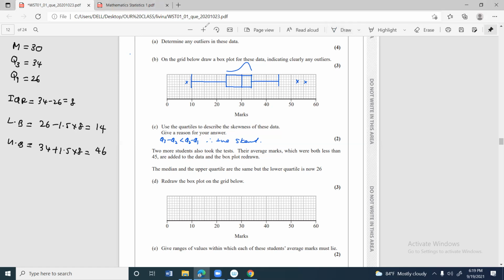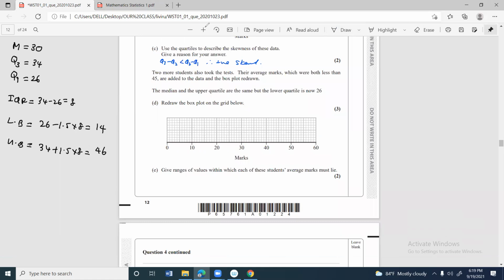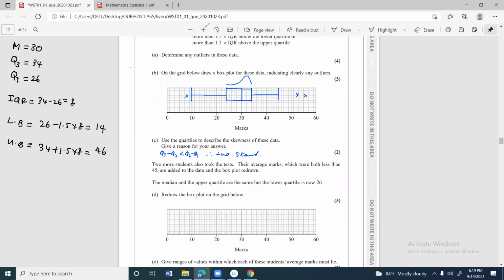We can mark Q1, which is 26, so you can mark 26 here. The median is 30, and the upper quartile is 34. With this, the lower boundary available here is 14.